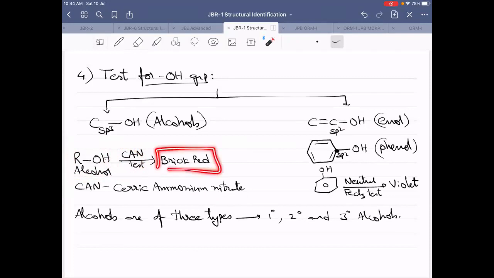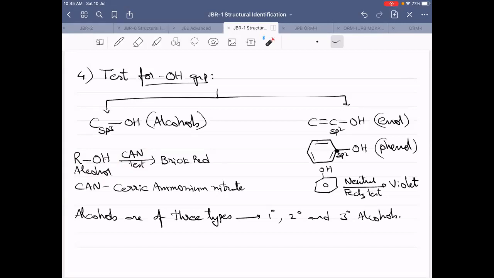So getting a brick red color indicates that the given compound is an alcohol. The alcohol may be primary, secondary, or tertiary, whatever it is. Our duty here is first just to identify whether it is an alcohol or not.